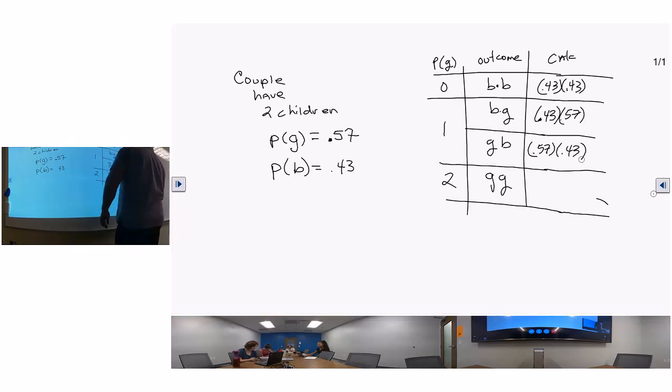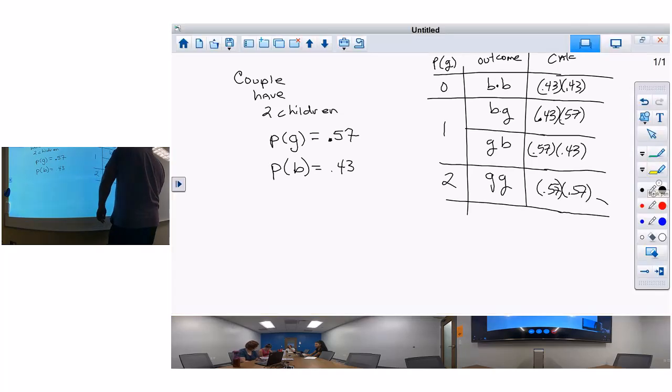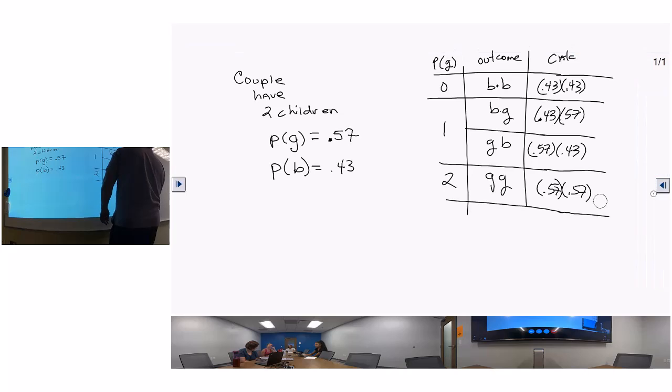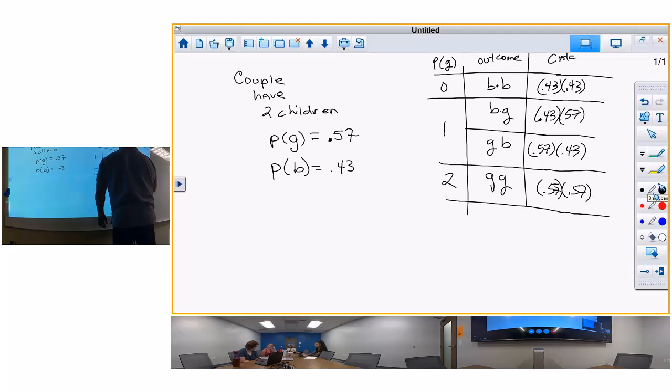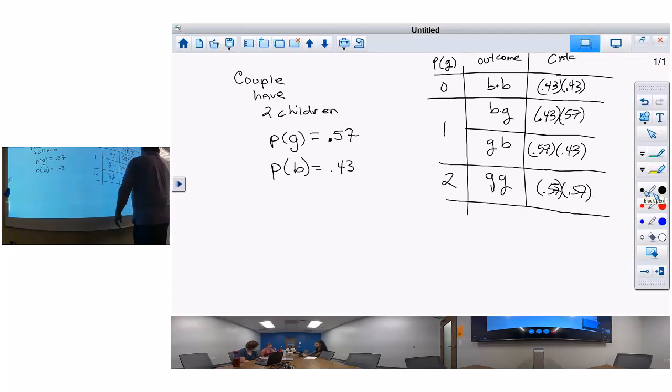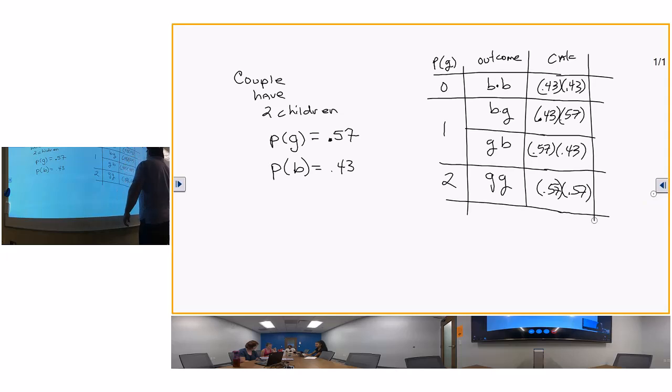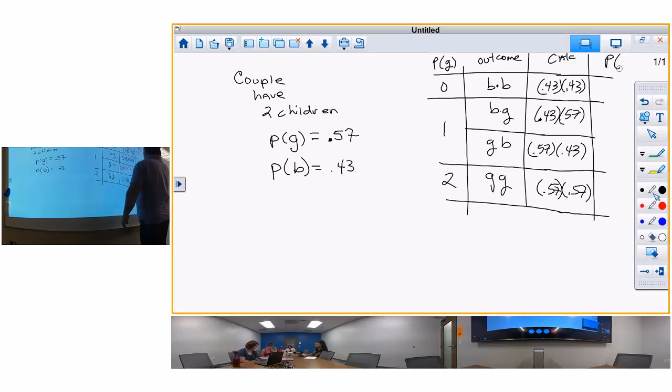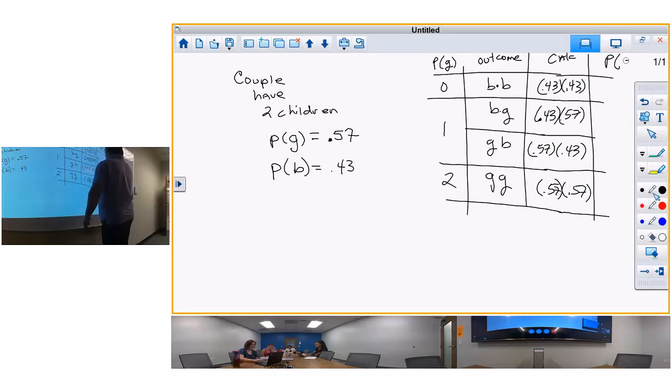And this is going to be 0.57 times 0.57. Of course, these two will be the same because multiplication is commutative. And this is the probability of the event, which is the probability of girls happening.